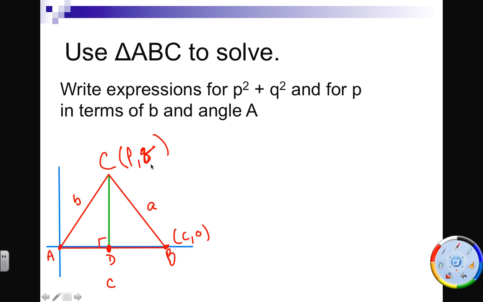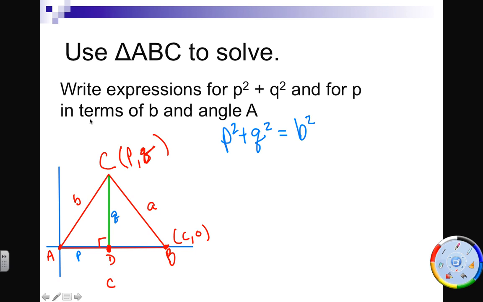Since this is the coordinate PQ, this is to the right p units and up q. And for the first thing, p squared plus q squared makes me think Pythagorean theorem. So p squared plus q squared is going to be b squared.